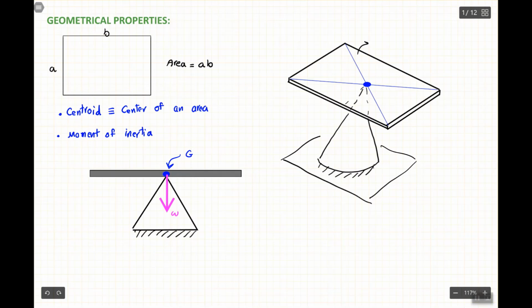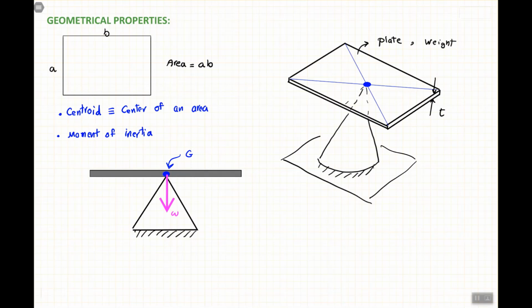Imagine this is a plate, and this plate has a thickness, and because it's a physical property, it has a weight. But when it comes to an area, we are not really talking about weight.